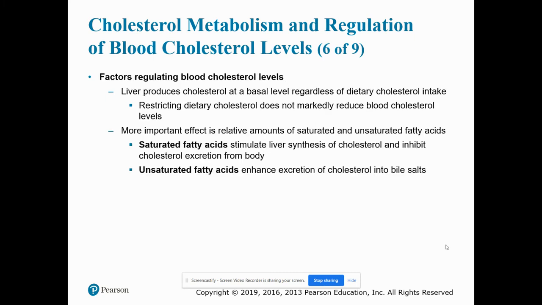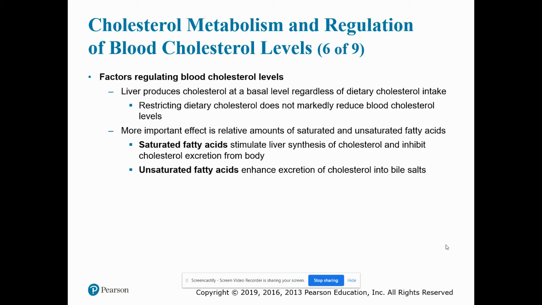Now we're going to get into the factors that regulate blood cholesterol levels. The liver produces cholesterol at a basal level regardless of dietary cholesterol intake, so restricting dietary cholesterol does not markedly reduce blood cholesterol levels. We don't consume a high enough percentage of our cholesterol for it to make that much of a difference.